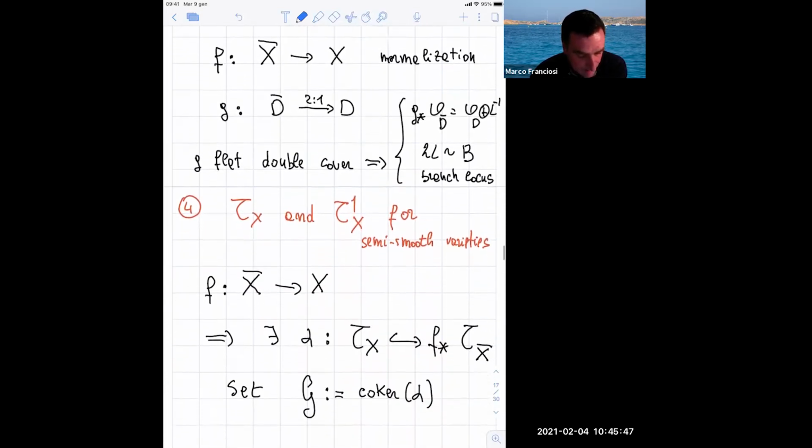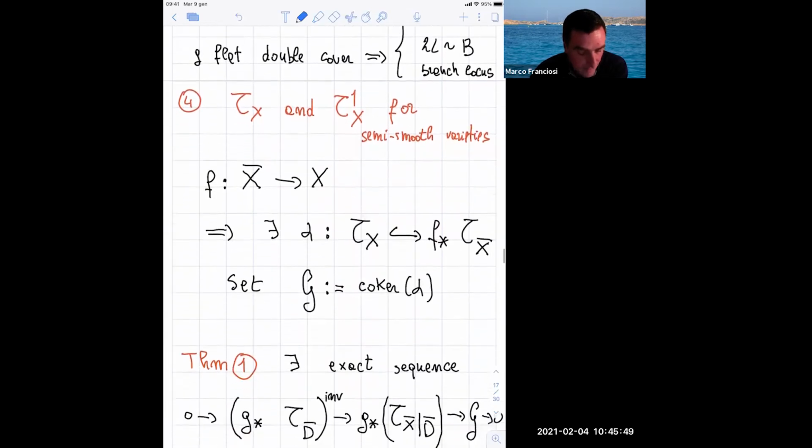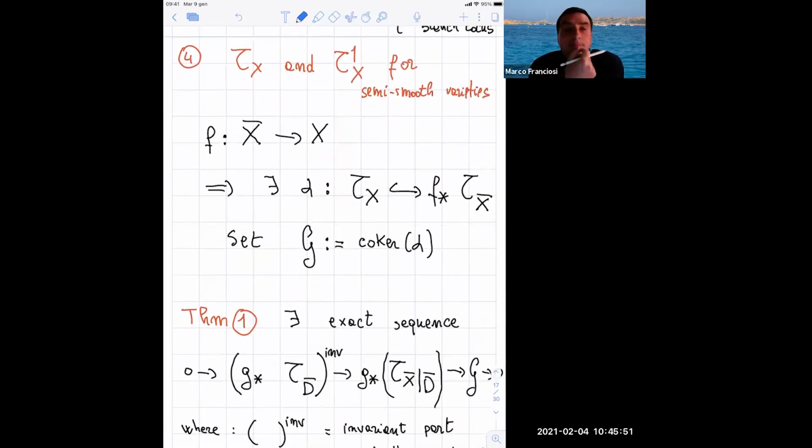So now I am describing how to see the tangent sheaf and the first Schlesinger sheaf for semi-smooth varieties. So we have F from X bar to X. First of all, we have an injective map alpha from the tangent sheaf of X to F lower star of the tangent sheaf of X bar. And we set G equal to the cokernel of alpha.